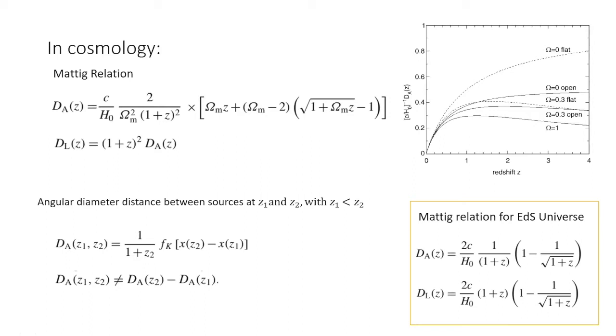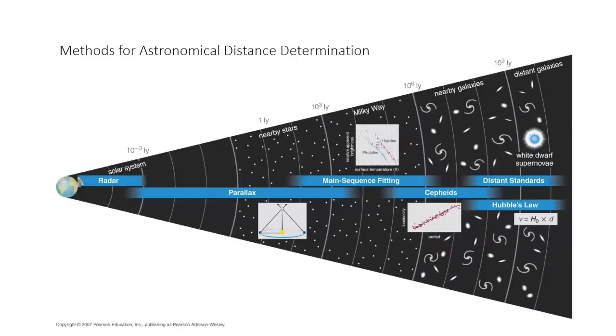Whereas for angular diameter distance, the apex of the cone is at us, and it gets bigger towards the source. Okay, now on to the various objects or phenomena that we use as distance indicators.